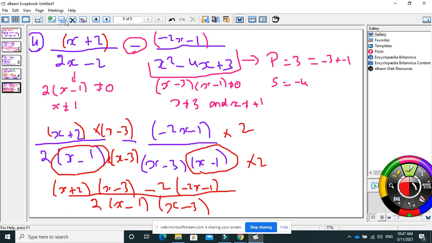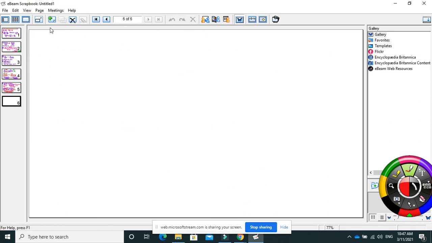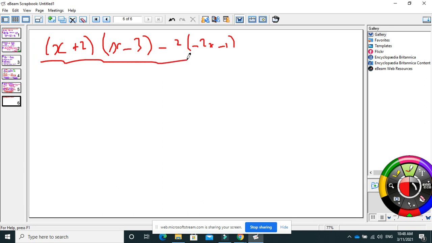So I have now x plus 2 times x minus 3 and minus 2 times minus 2x minus 1 over my famous denominator. It's 2 factor of x minus 1 and x minus 3.